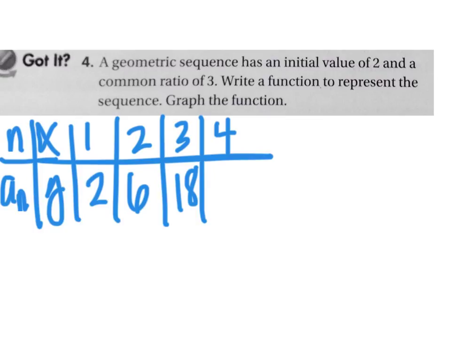I want you to write a function to represent the sequence and then graph the function. Okay? Pause it. If you need help, definitely go back and look at the other one. And if it's really bad, text me on Remind 101. But pause it, get it done, catch up with me on the next slide.